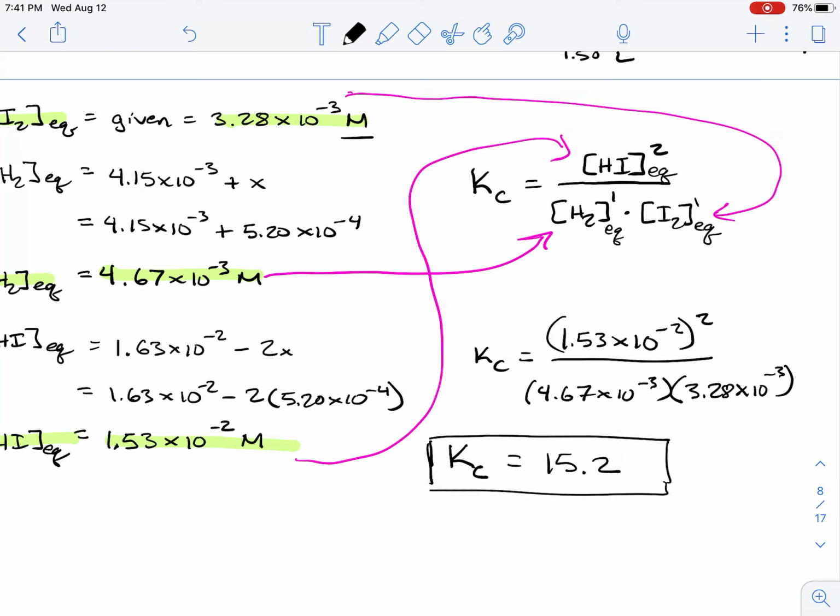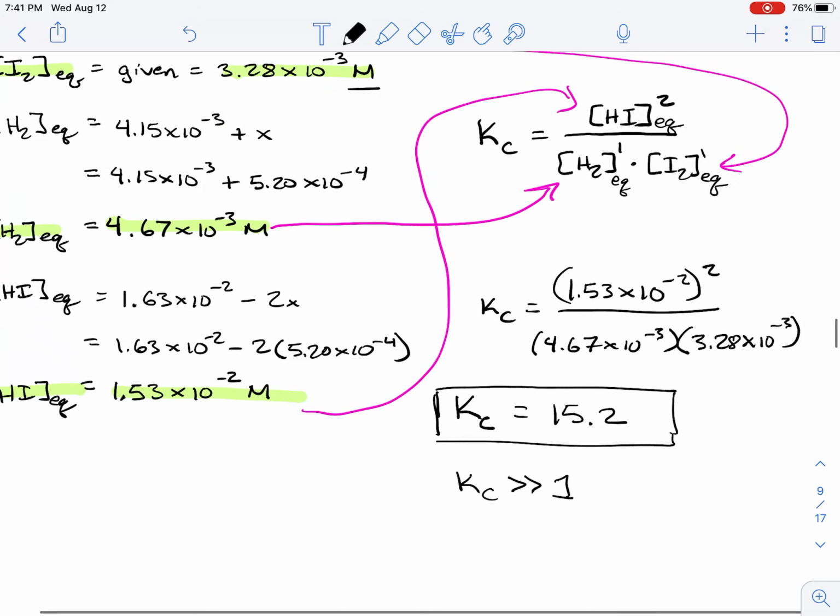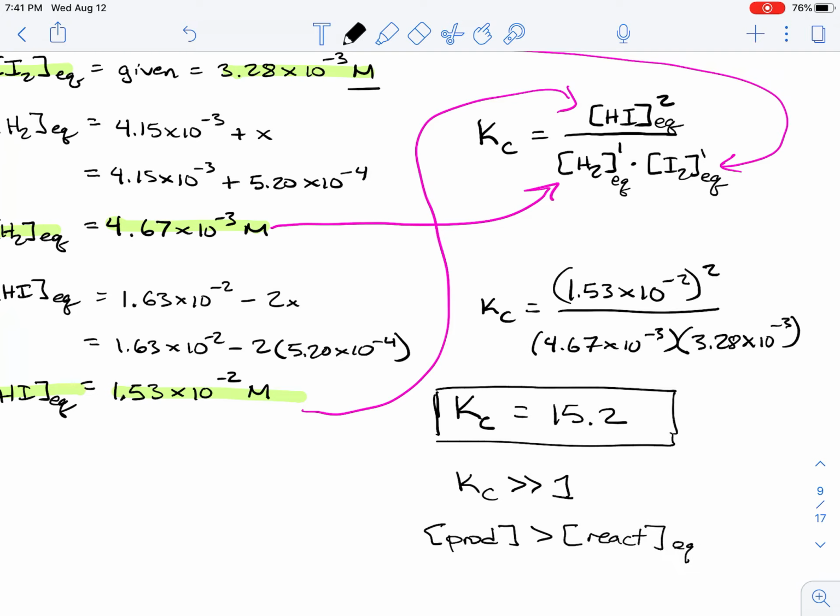And so notice that Kc is greater than 1. And so when Kc is greater than 1, the concentration of products should be greater than the concentration of reactants at equilibrium. It's kind of messy over here, so maybe I'll rewrite that.